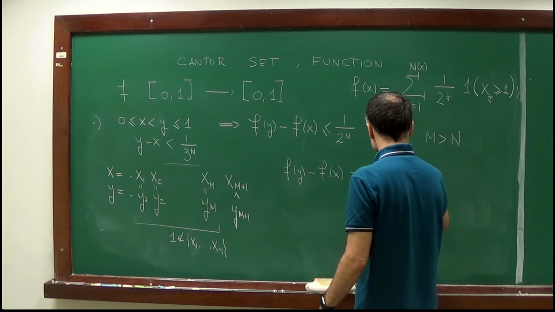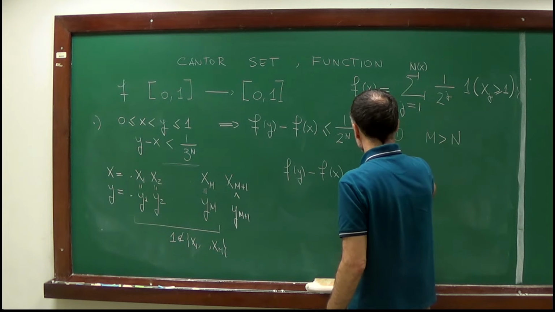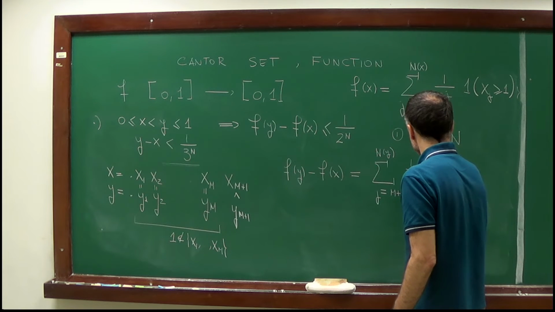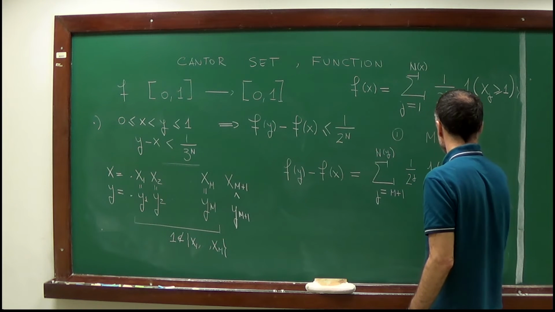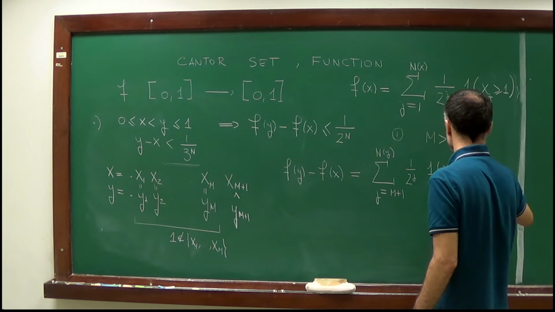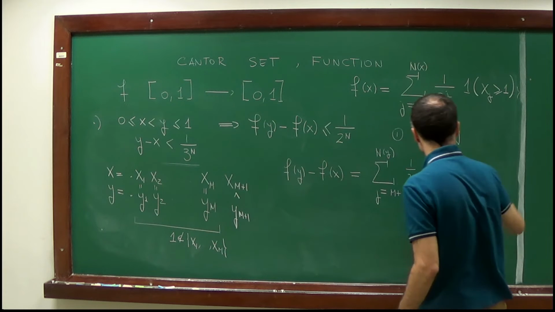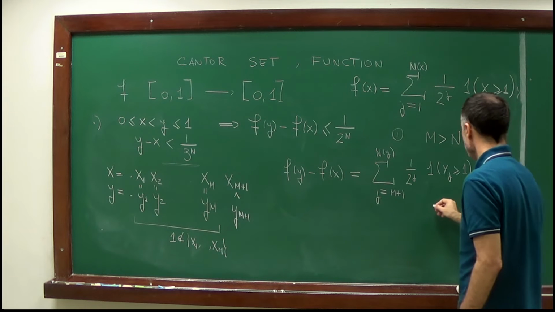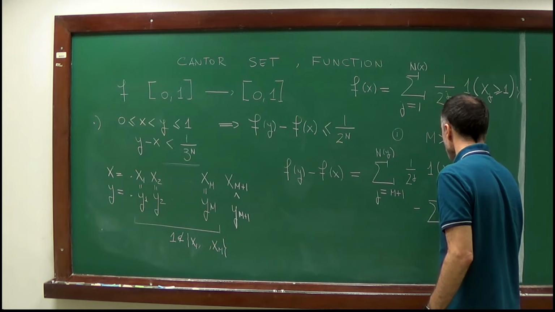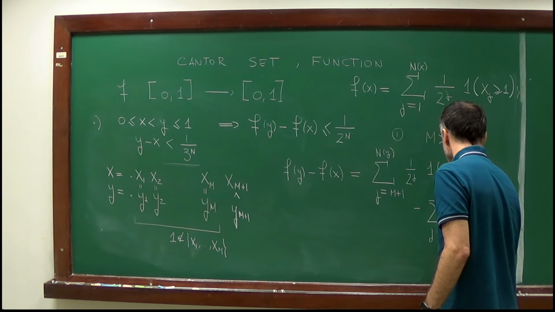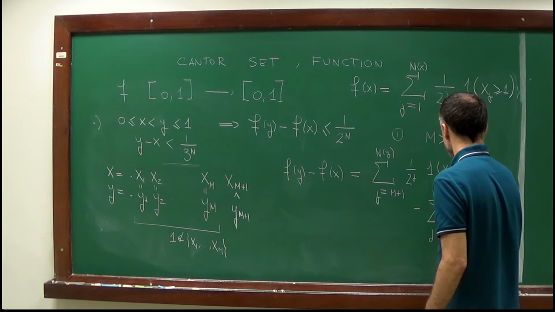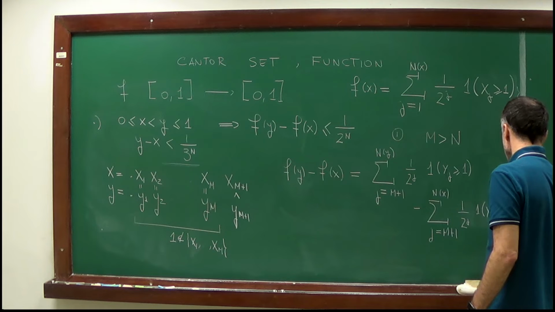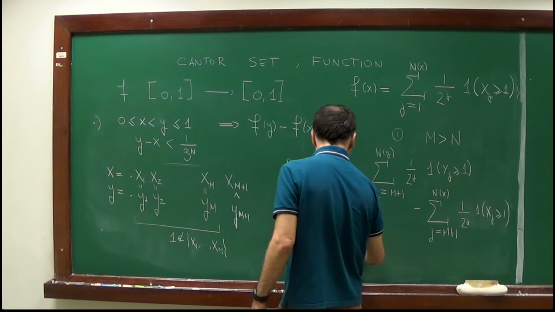starting from m plus 1 up to n(y) of 1 over 2^j, for yj larger or equal than 1, minus the corresponding sum for x.